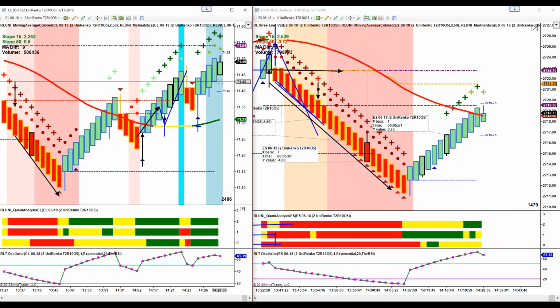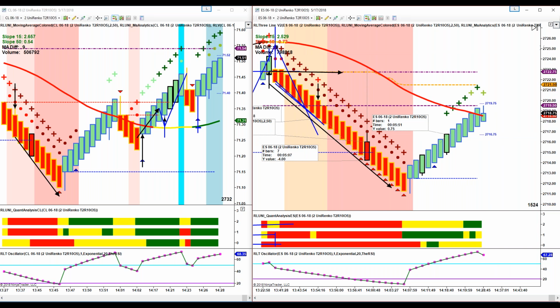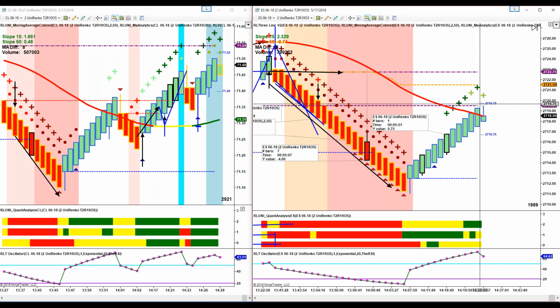All right, well, it's just flopping around. And the E-mini's moving on decent volume, back up. And what we can do, now here's the open. It's coming right back to the open.